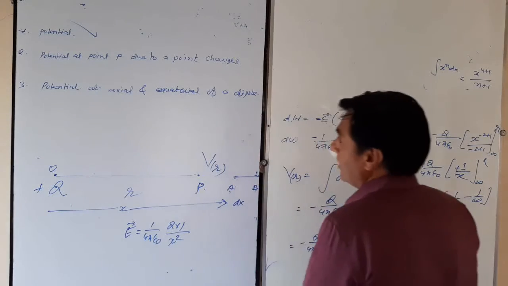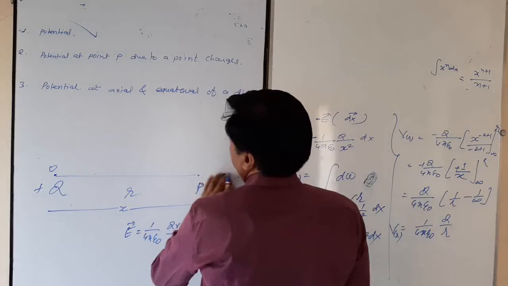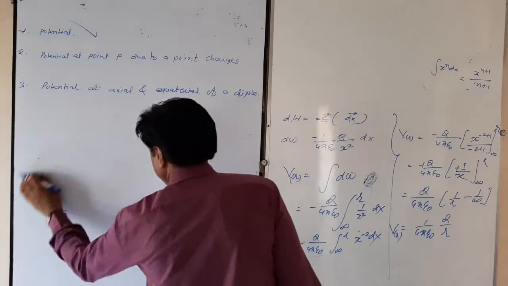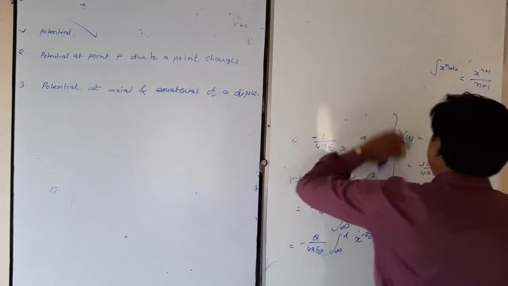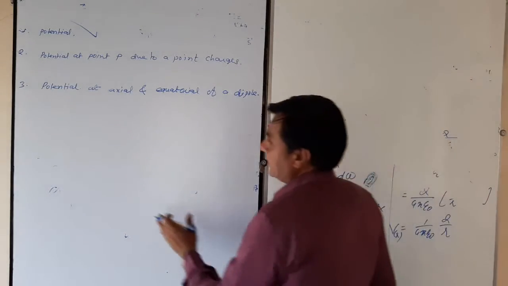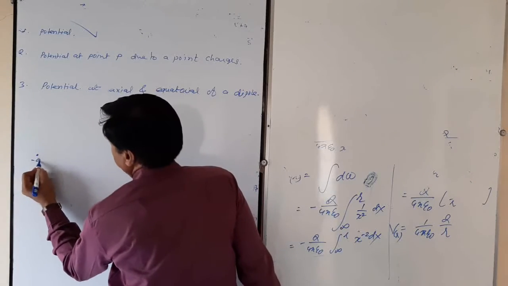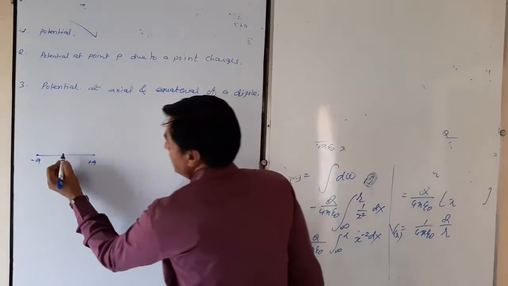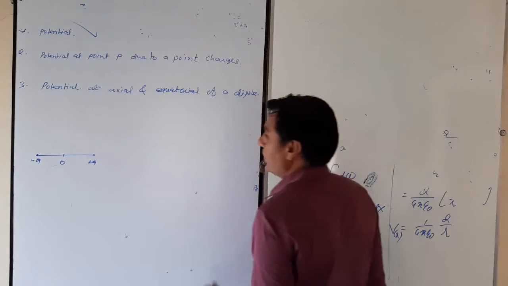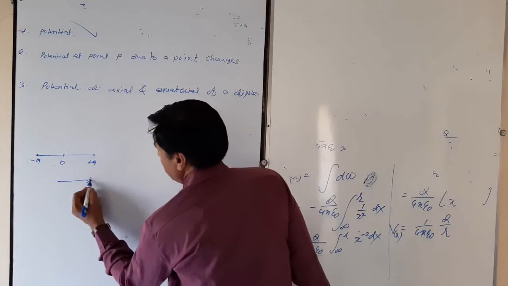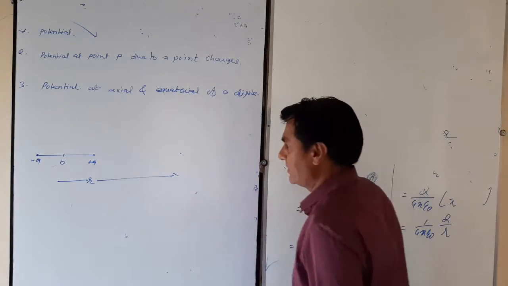Okay. Now, potential at axial and equatorial position, it is our last point for today. So see, it is a minus Q, plus Q charge, an electric dipole. Its center is O. You can take a point P at axial position, which is at R distance from its center.